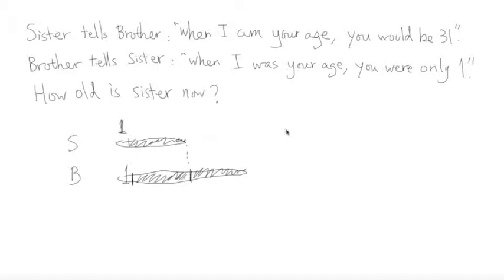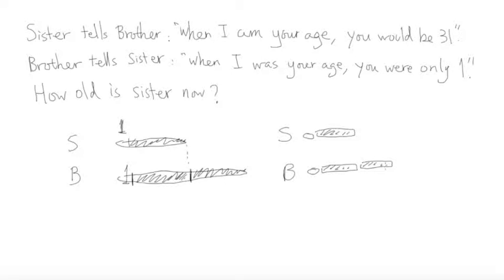So let's draw the sister and brother again. Okay, sister and brother. Now we know the situation better. So the sister has 1 year plus the difference between the ages, and the brother has 1 year plus the difference, that's the sister's age, and then adds another piece of the difference.